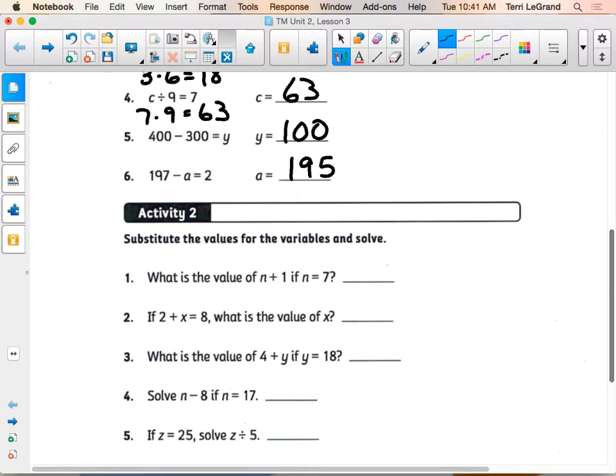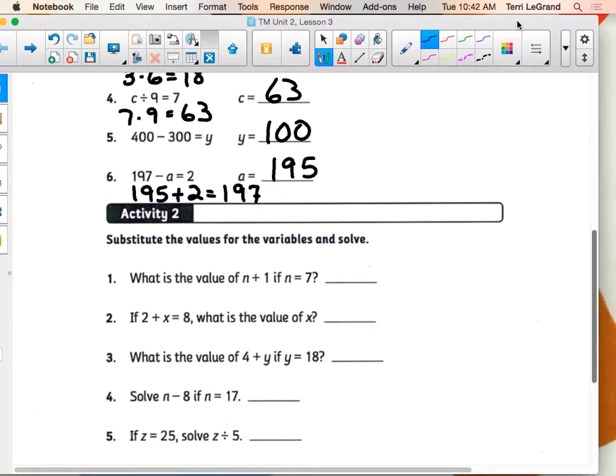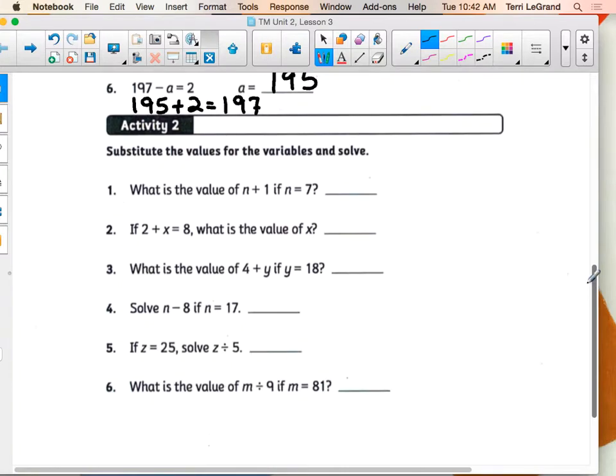Okay, and tell me why. If you add the 2 to the 195, it should take you back to 197. Okay, good. So we all can find the missing piece, the piece that the variable is standing in for.